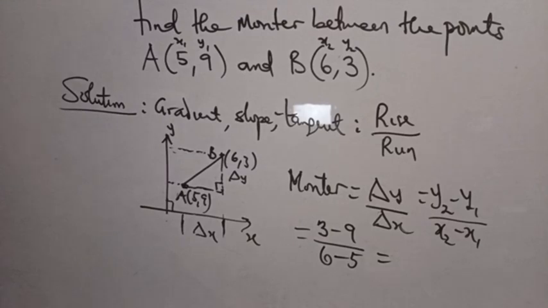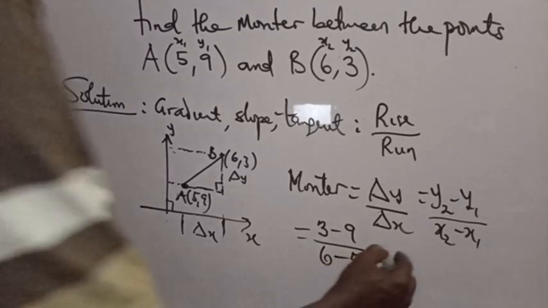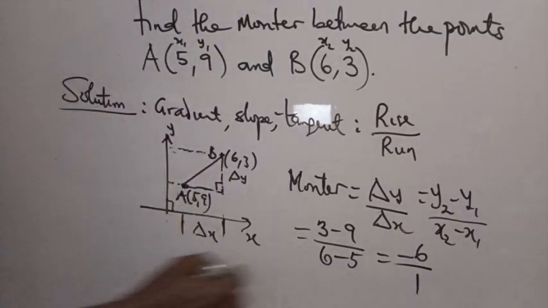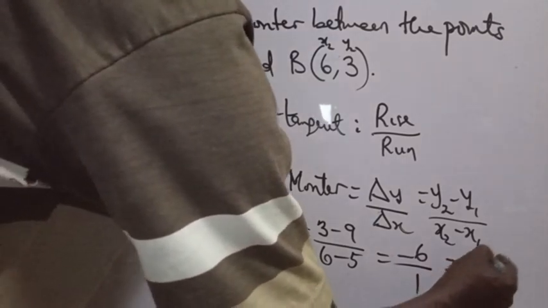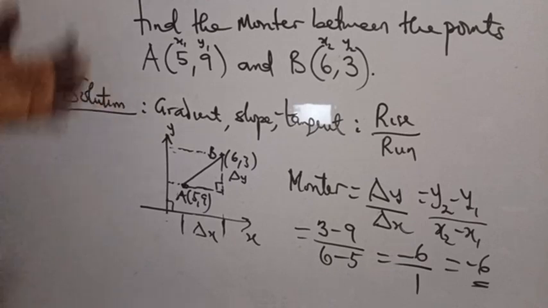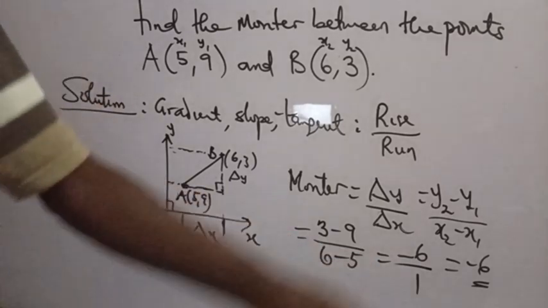So now 3 minus 9 is minus 6 all over 6 minus 5 is 1. All right. And so minus 6 over 1 is equal to what? Minus 6. So these 2 points have a negative slope, or have a negative Monter. So the Monter between the points A and B, as far as this question is concerned, is minus 6.